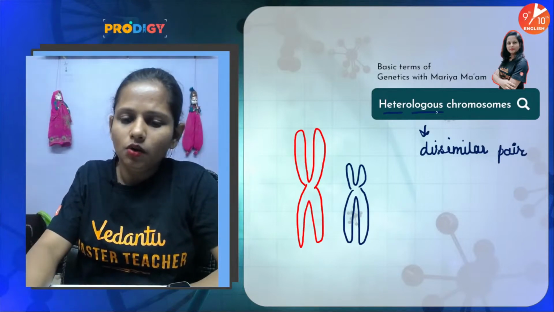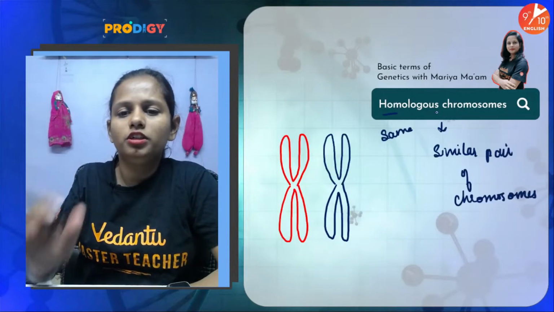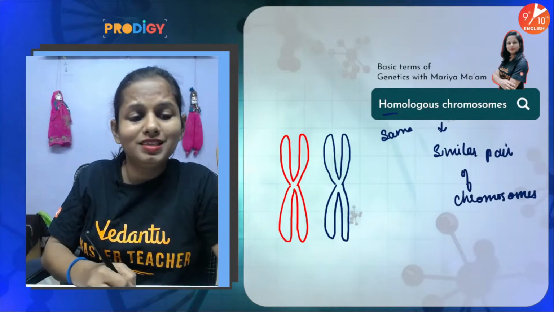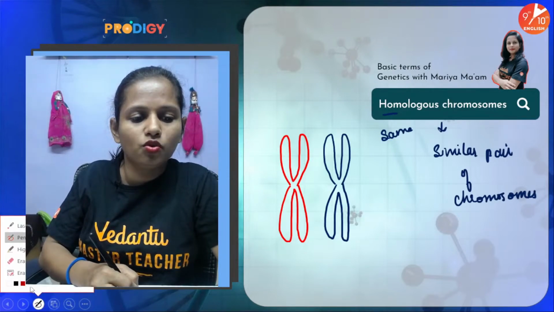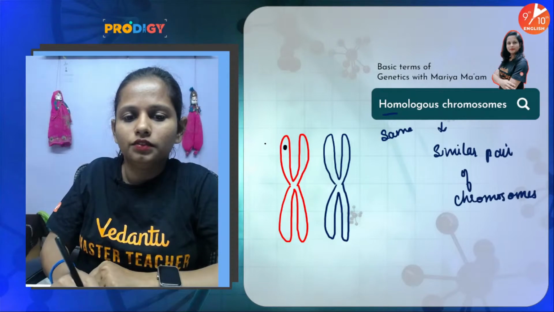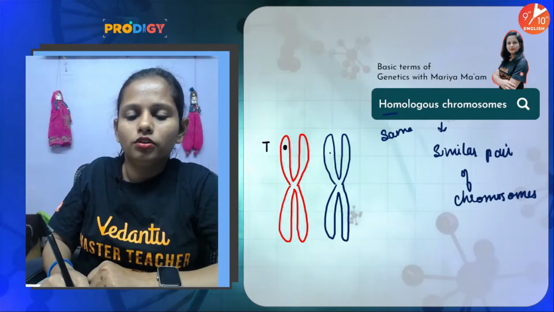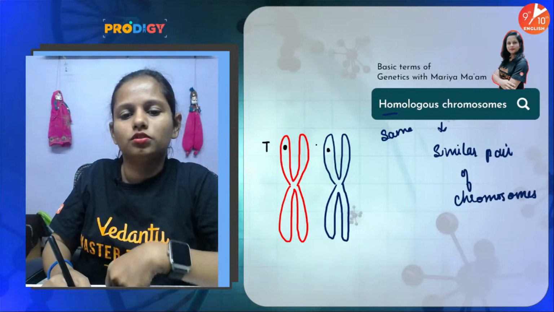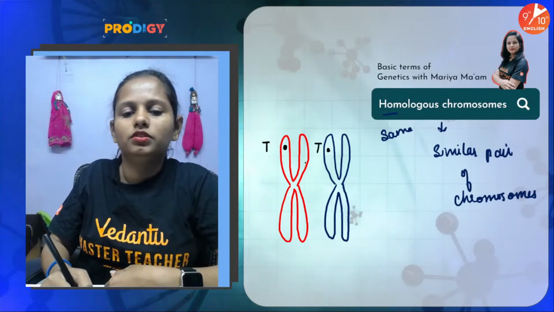Now, alleles are always present on homologous chromosomes. Again, they occupy the same locus. Locus means location or position. For example, if it is capital T on the paternal chromosome, it will be here only, no other location. So here again it will be this.